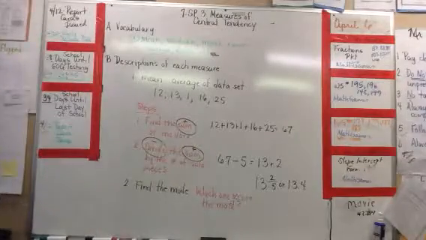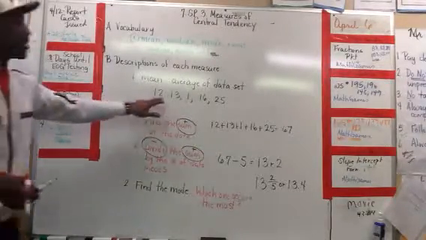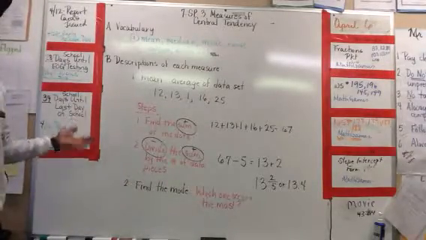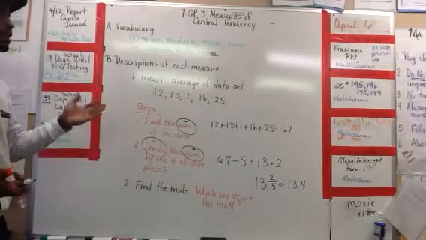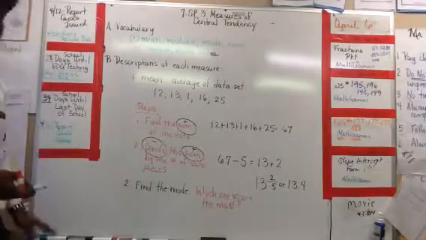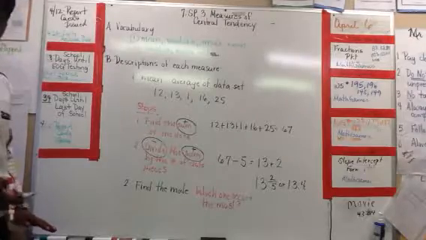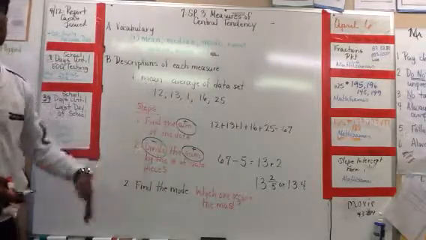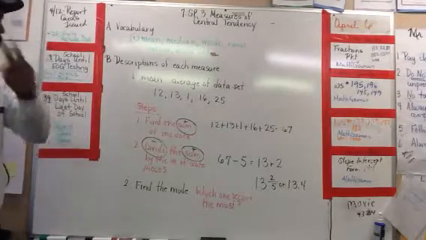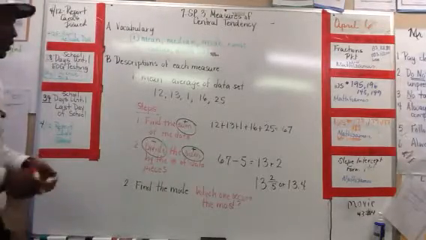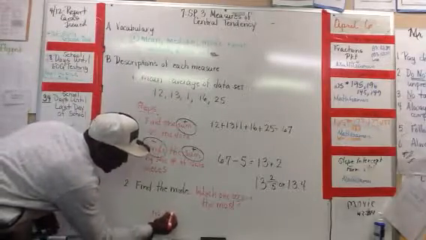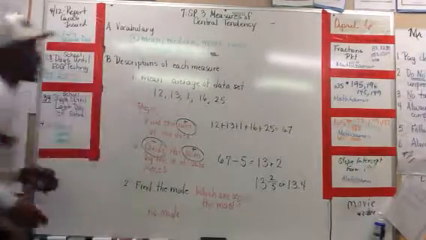Well, when I look at 12, 13, 1, 16, and 25, they're all represented the same amount of times. I only see one of each number or piece of data. So there is no mode. Okay? We need one of the pieces to reoccur. So you need to see at least two of them for the mode to exist. So there is no mode because each number is equally represented.